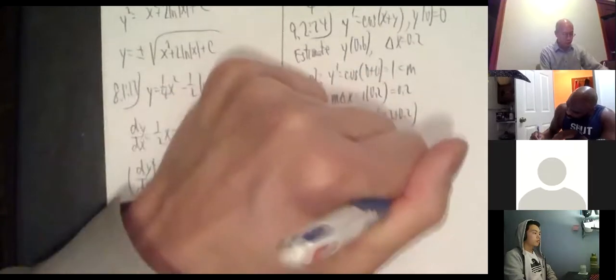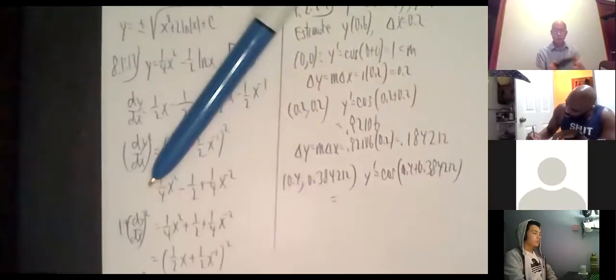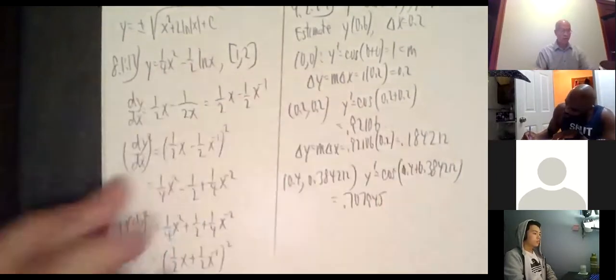So y prime is cosine of x plus y. So cosine of 0.4 plus 0.384212, that's 0.707945.